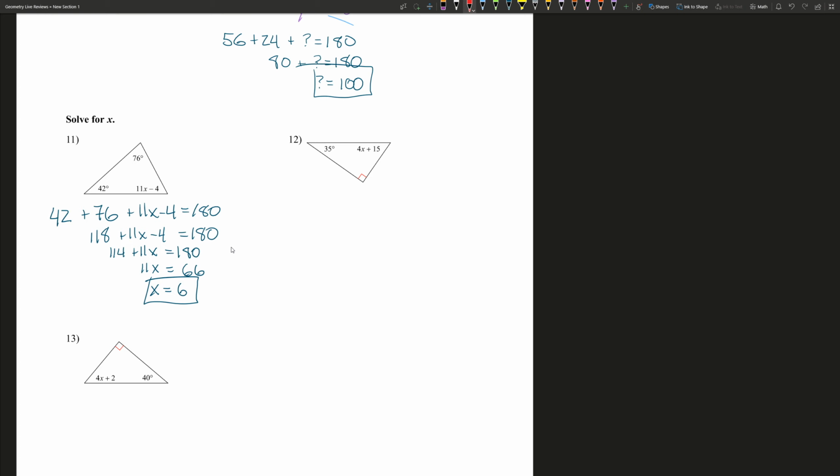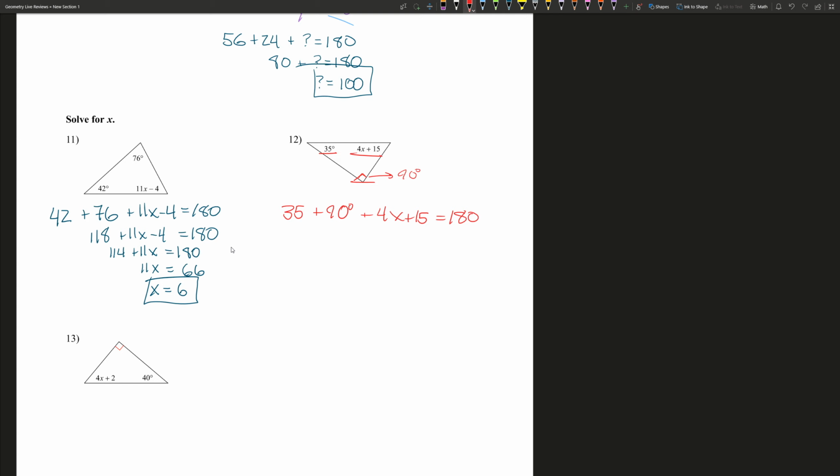But moving on. Number 12. So we add these three angles together and set them equal to 180. All right, so 35 plus 90 plus 4x plus 15 is equal to 180. You do have to know that this little square right here, that's a 90-degree angle.